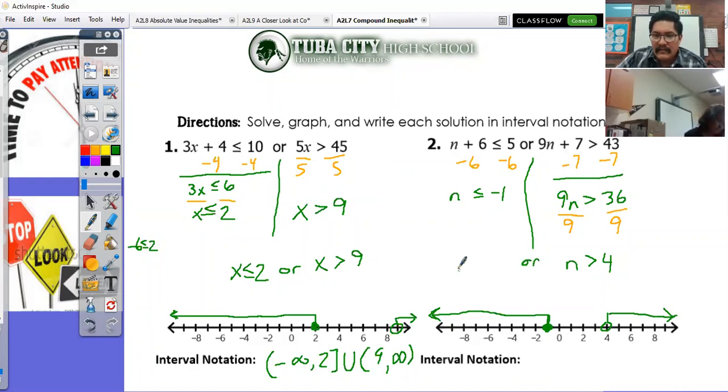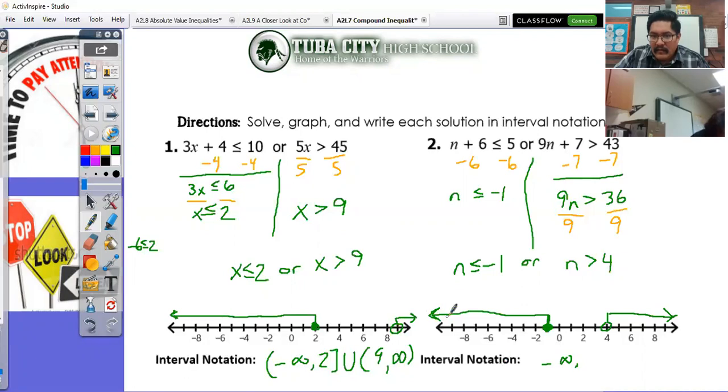And write the OR statement for our number. So n is either less than or equal to -1 or it is greater than 4. So again, you have a bit of a choice. You have to pick either one of these or the other one. Now let's put it in interval notation. So -infinity.